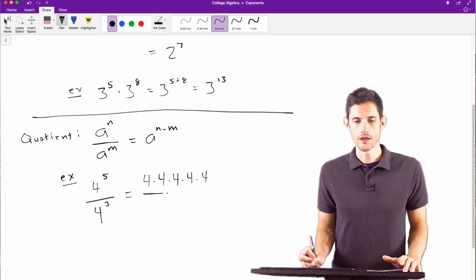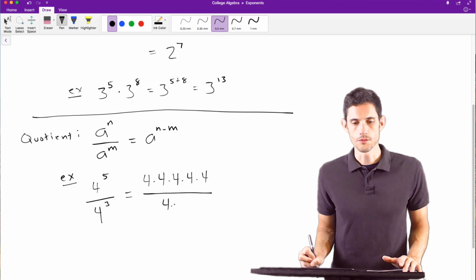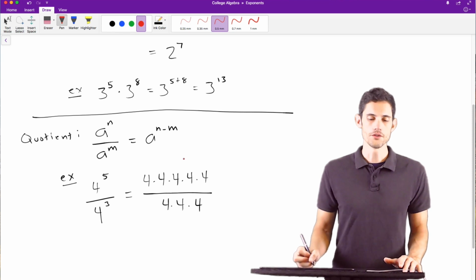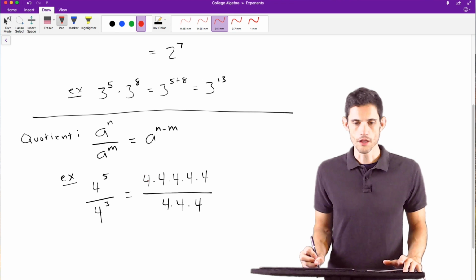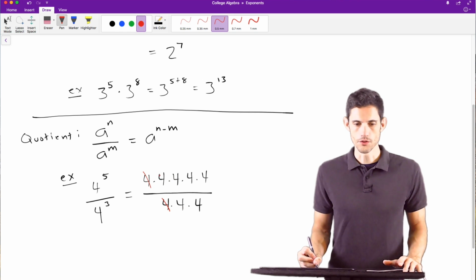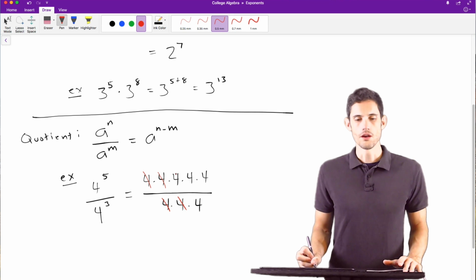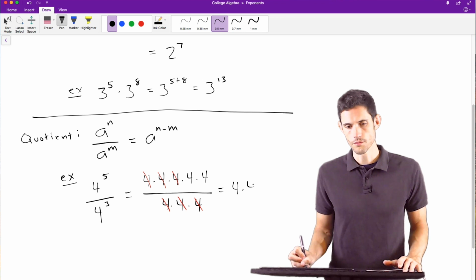And on the bottom I have 4 raised to the power 3, so 4 times 4 times 4. Now, I know how to cancel things on the tops and bottoms of fractions, so I'll cancel this 4 with that 4, and this 4 with that 4, and this 4 with that 4. That leaves me with a 1 on the bottom, and on the top 4 times 4. So that's 4 squared.